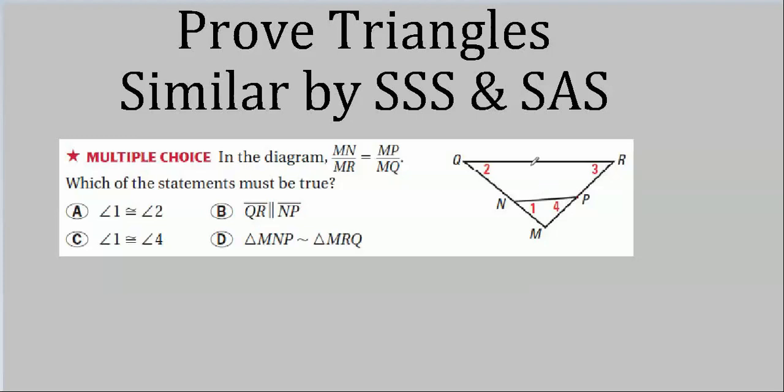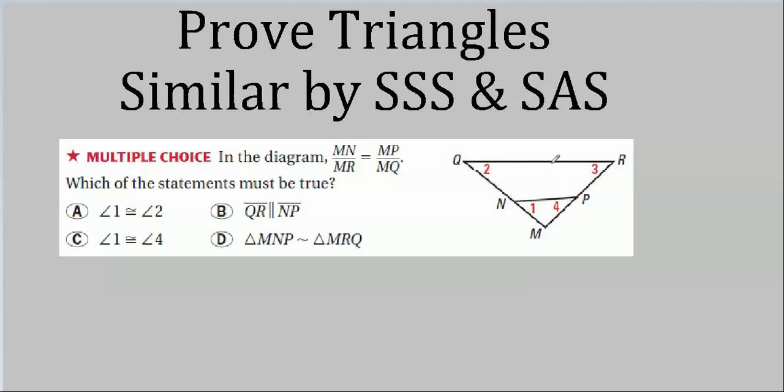Well, they would have to be in the same proportions as the way this is broken up. But that would be a different proportionality. It would be NM over MQ would be the same as this over this. So we don't definitely know that there's a similarity relationship here.